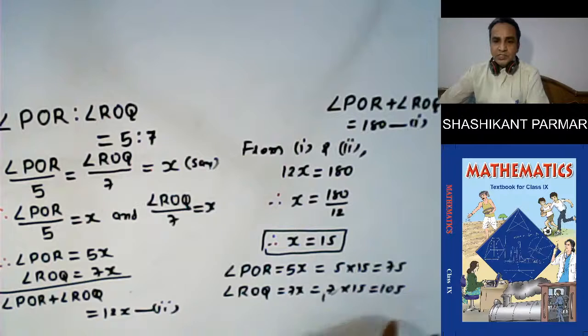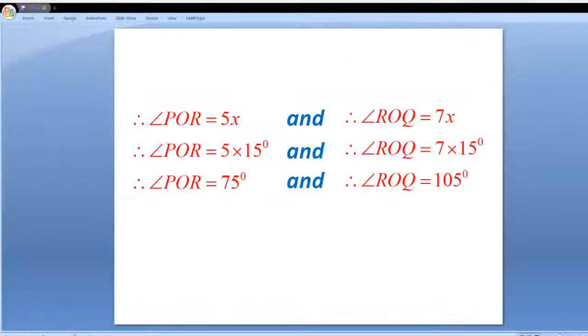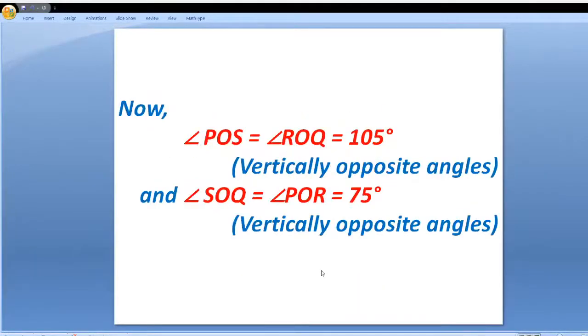Okay, 75 and 105, and then POS and ROQ are equal to 105. Both angles are equal because they are vertically opposite angles, and similarly angle SOQ and angle POR are equal to 75 because of the same result, vertically opposite angles. Okay.